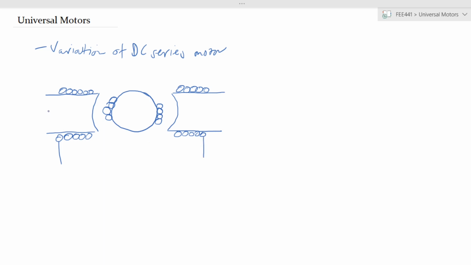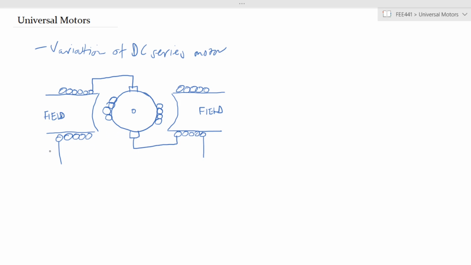So in this case, you have field windings on the fixed part of the motor, and the rotating part of the motor has armature windings. Now the armature windings are connected to the field windings through brushes, which are usually made of carbon, and they connect in between. They are physically, electrically connected between the two.